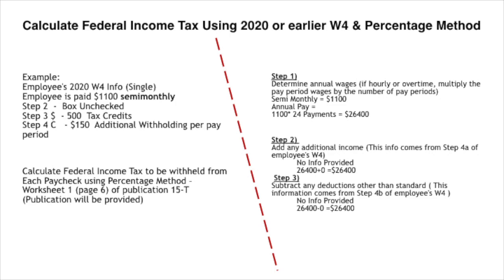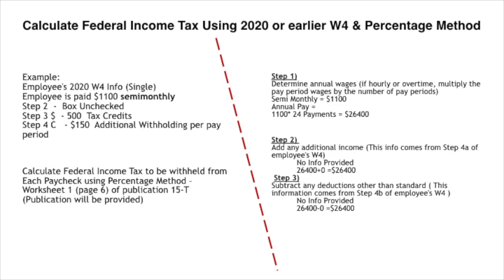Step 1 is to determine the annual wages. So if hourly or overtime, multiply the pay period wages by the number of pay periods. In our example, the employee is getting paid semi-monthly $1,100. So the annual pay will be 1,100 times 24, which is equal to 26,400.